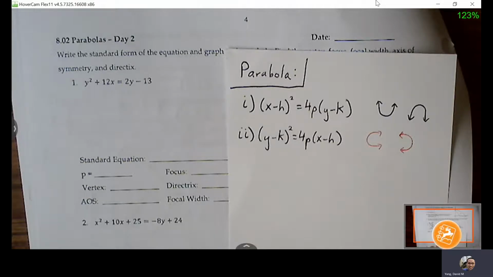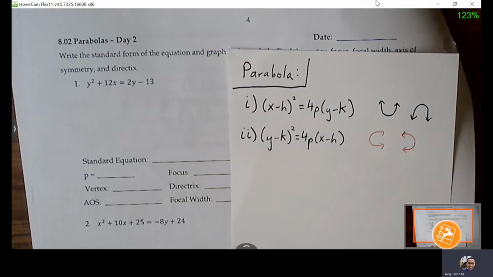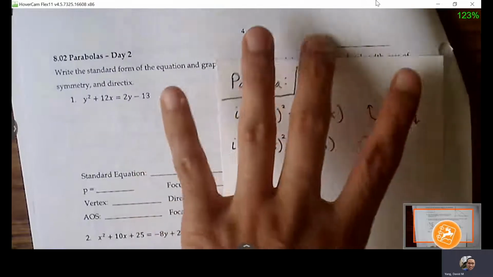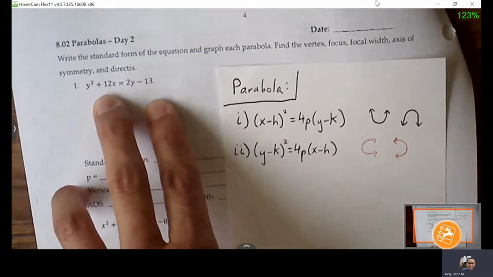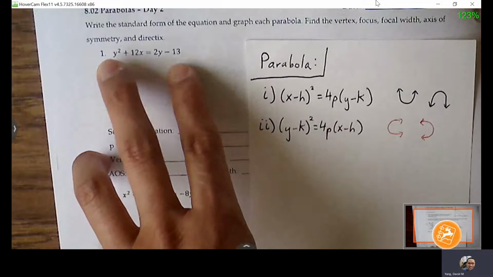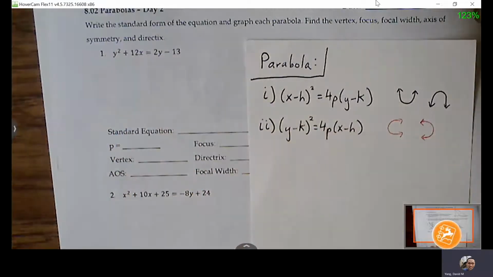So standard form is where you can pull the h, the k, and the p-value easily. But today we're going to be talking about how some of these equations are not quite in standard form. So we'll rearrange, go through completing the square to get it ready. And once we get it ready, then it's going to feel like yesterday where you're just gathering information. Like the p-value, the vertex, axis of symmetry, directrix. Okay.